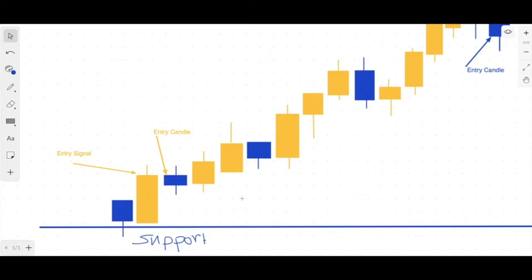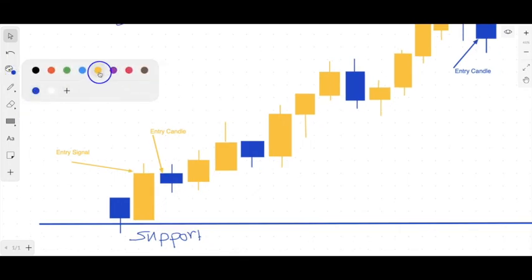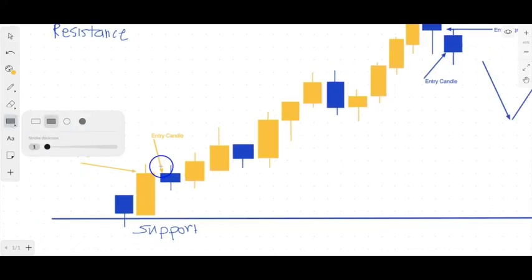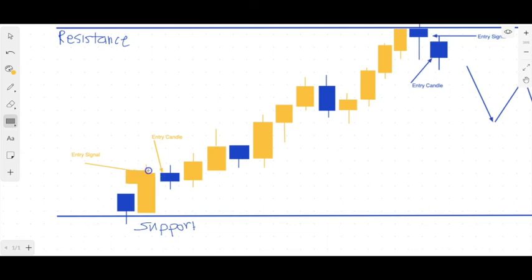Keeping in mind that when you enter, so your entry candle, ideally when you're getting into this candle, you would want to be entering, and like I said, keep in mind this candle wasn't only bearish, right?